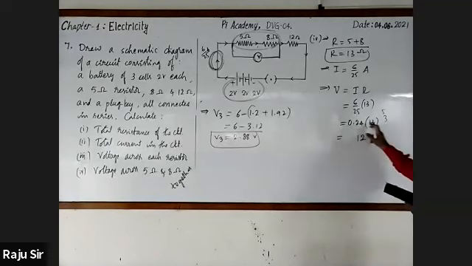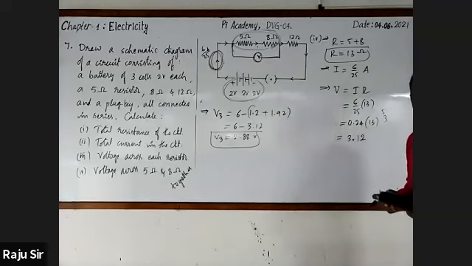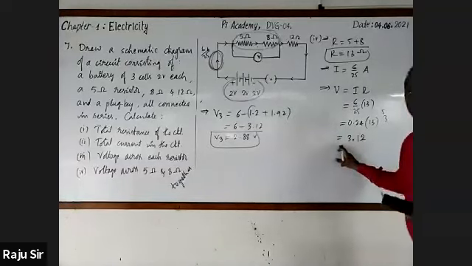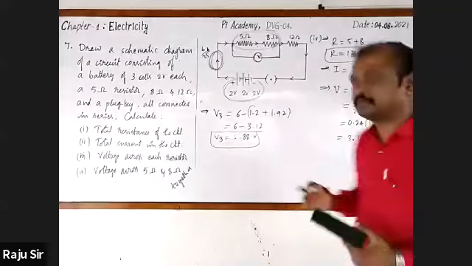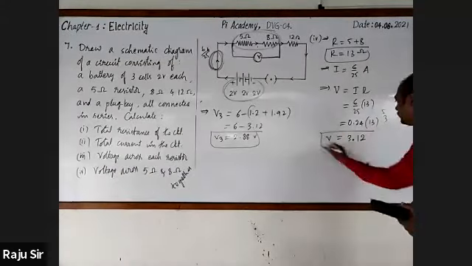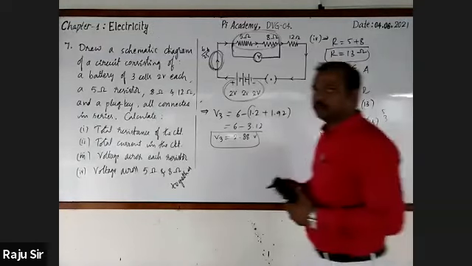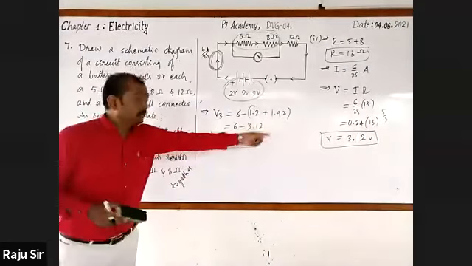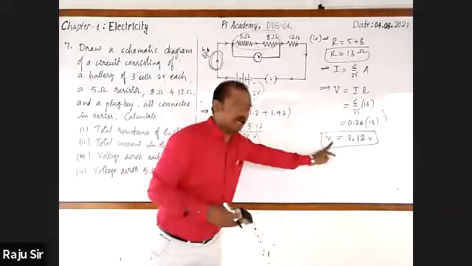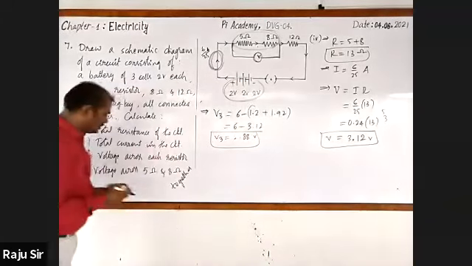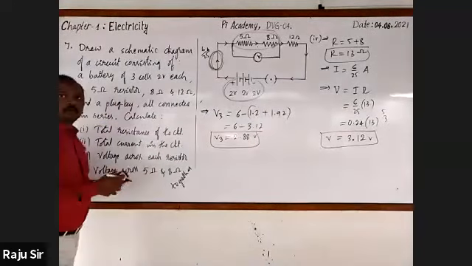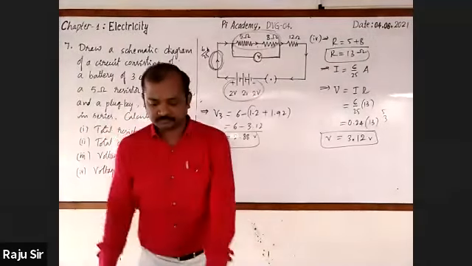Then 13 zeros are 0 and 3. It is 3.12. Have you got the same? Yes, sir. Okay. V is equal to 3.12 volts. I have taken the voltage across 5 ohm, 8 ohm together.